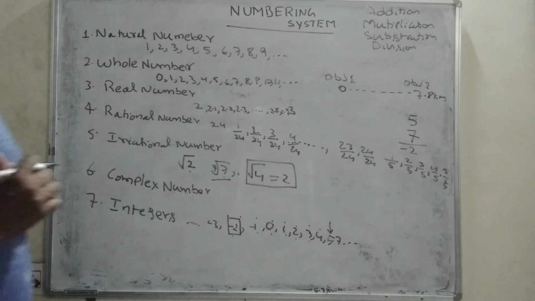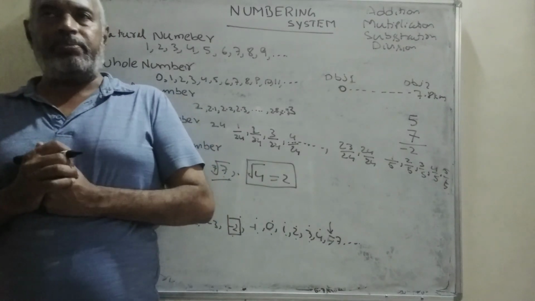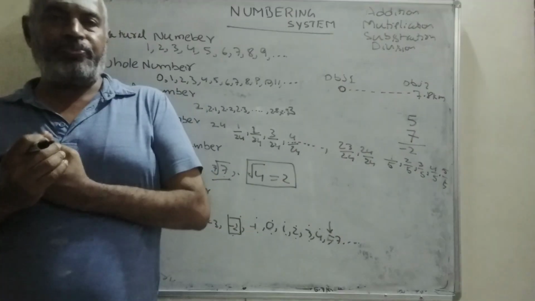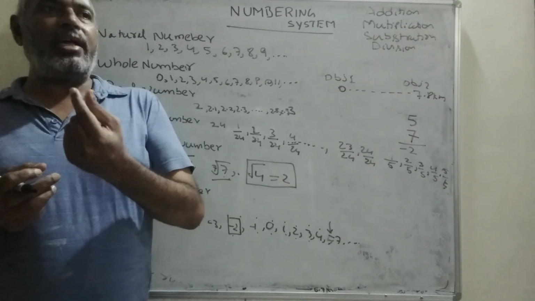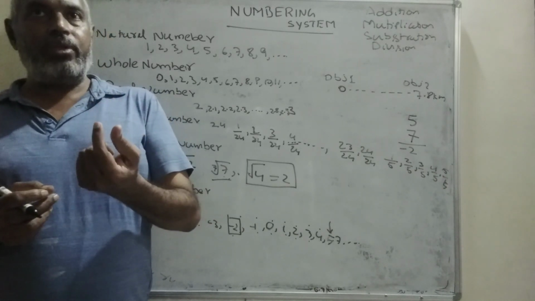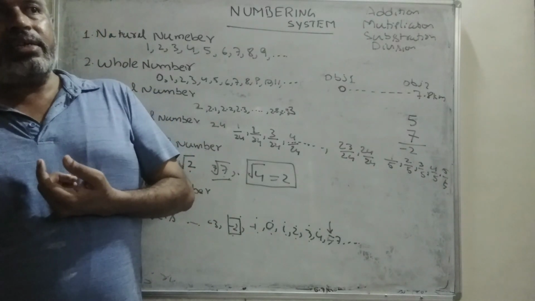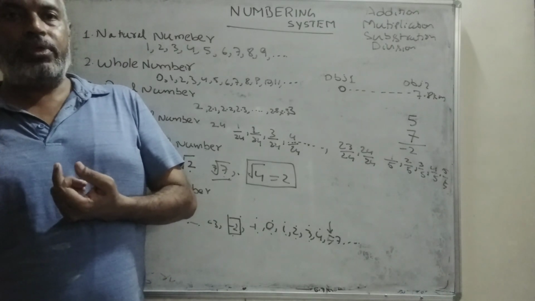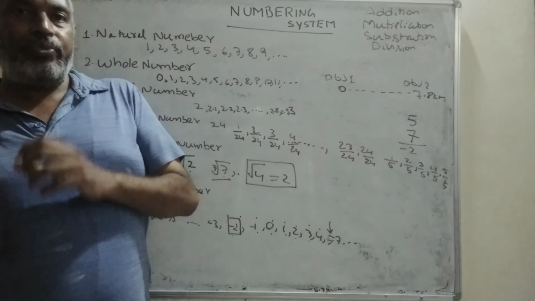Now, I would like to explain a complex number. A complex number is nothing but adding two numbers. The first number could be a natural number, or any real number. The other number is multiplied with the square root of minus 1, and then these two numbers are added.